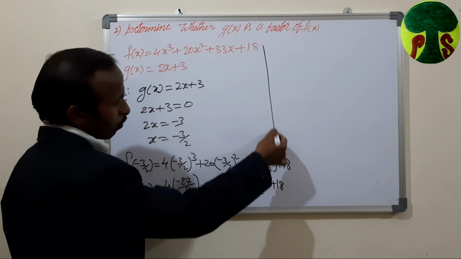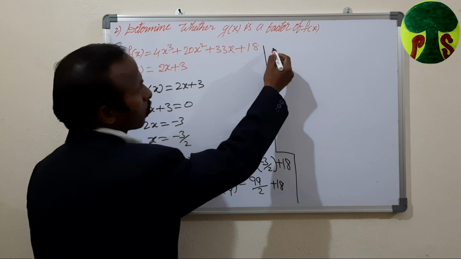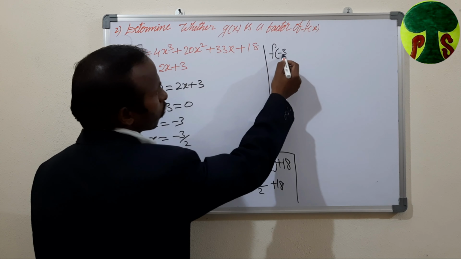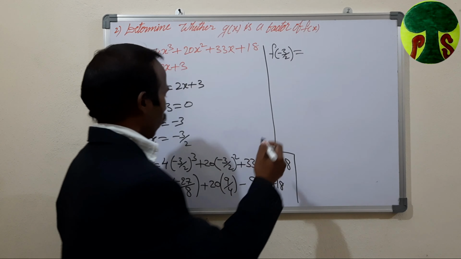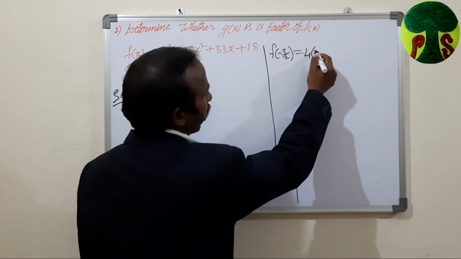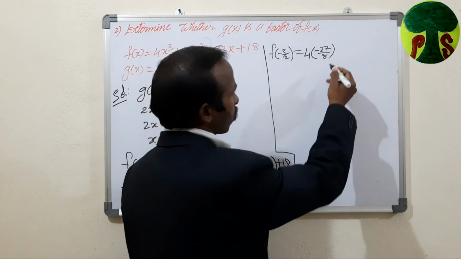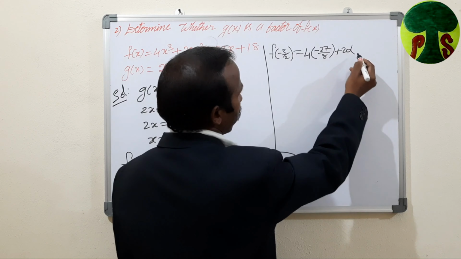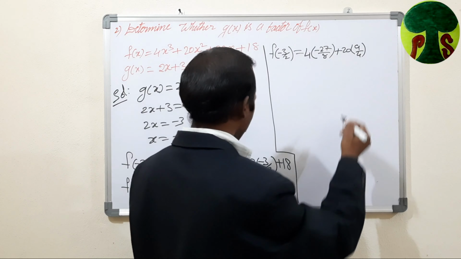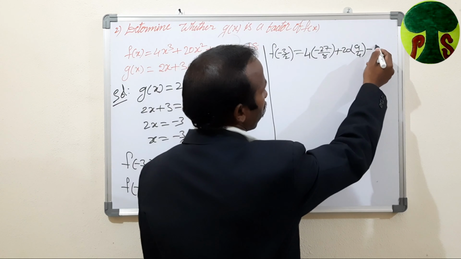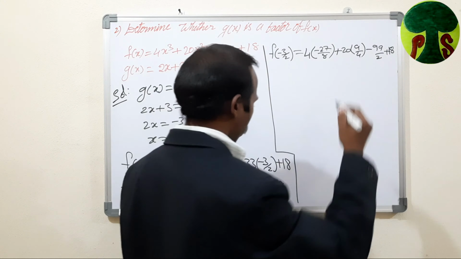Next step, f of minus 3 by 2 is equal to 4 into minus 27 by 8 plus 20 into 9 by 4 minus 99 by 2 plus 18.